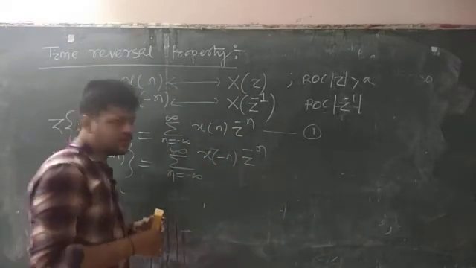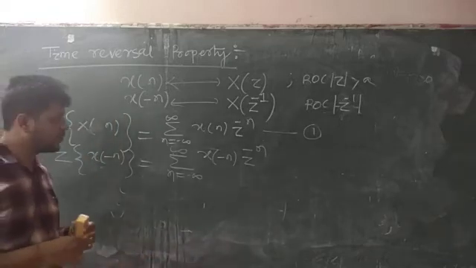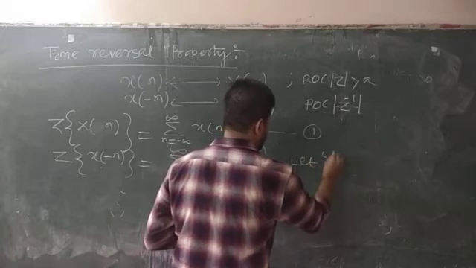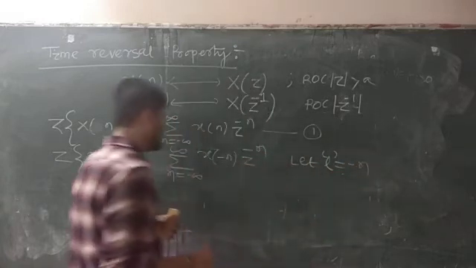First put L equal to minus n. Let L be a variable equal to minus n.